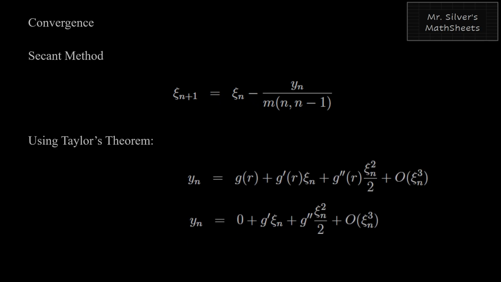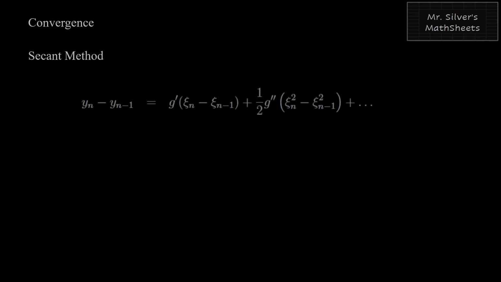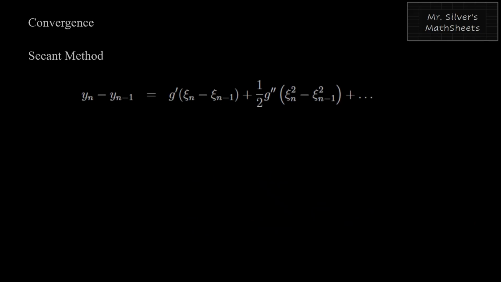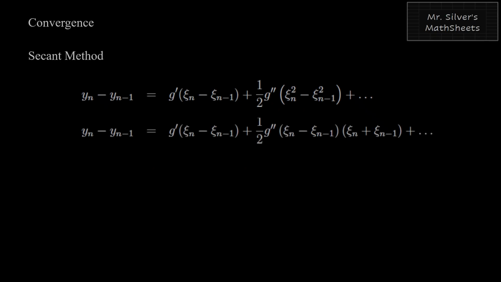So we use Taylor's theorem just as before, but when we plug it in, we realize because we have these lag terms, we get these xi of n minus xi of n minus 1 kind of terms. And this second term factors, we can factor out a xi of n minus xi of n minus 1 term out of every term in the sequence.